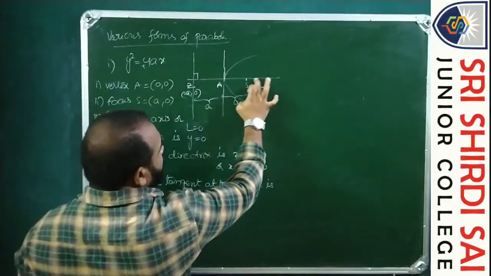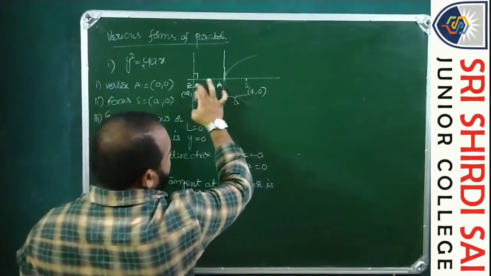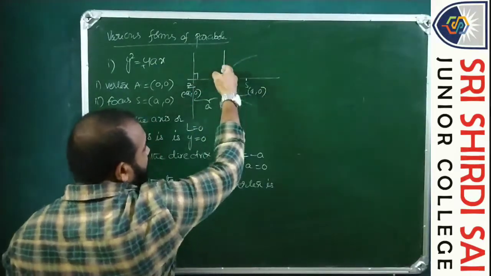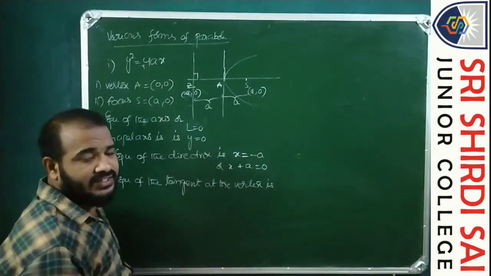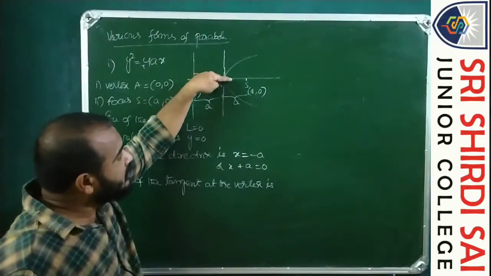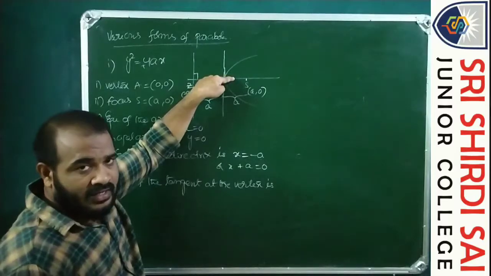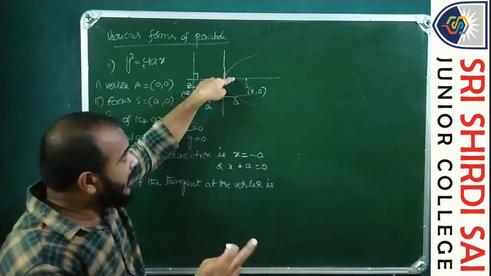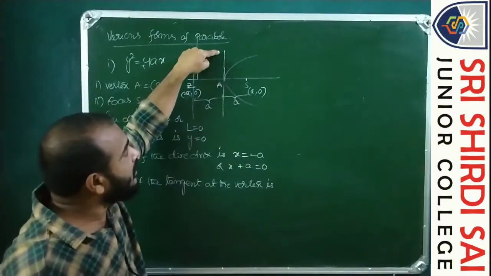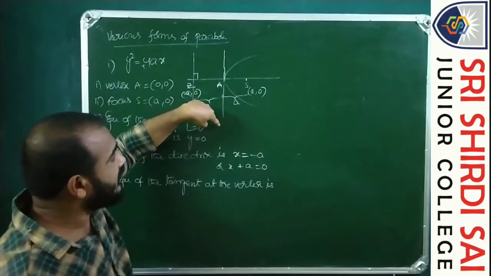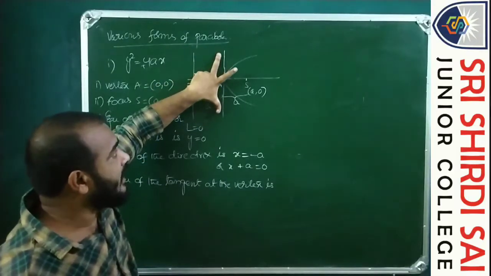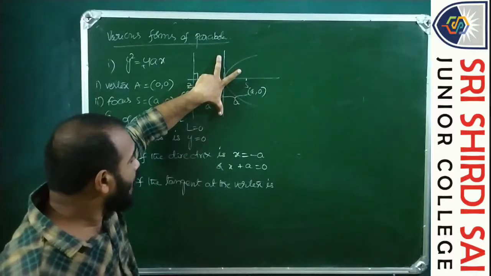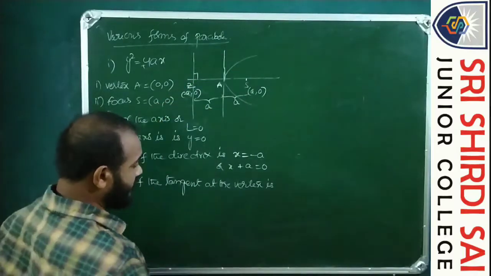Okay, this is not a tangent to the parabola, but this line is the tangent to the parabola. What is a tangent? A line which touches the curve at one point, and that point is the vertex. So the equation of the tangent at this vertex is what? This is the y-axis. The y-axis equation is what? x equals to 0.